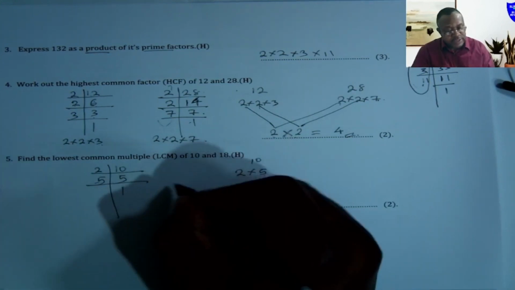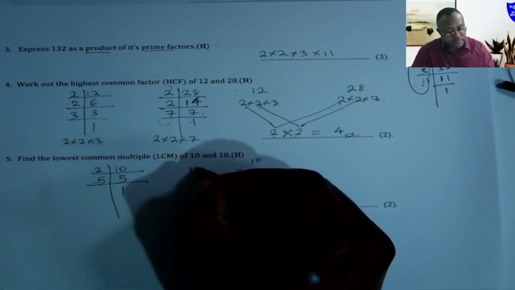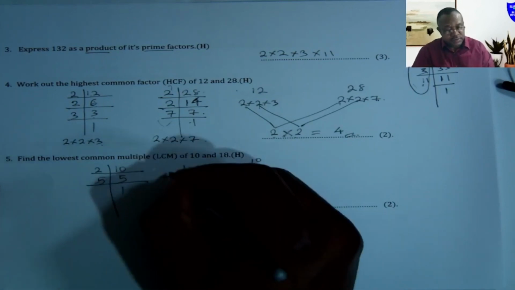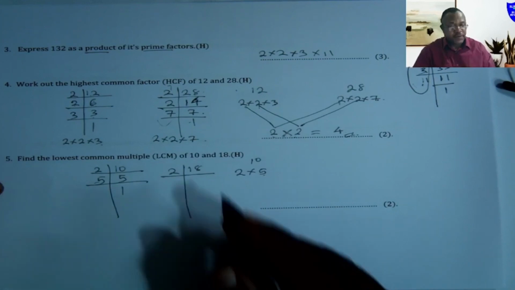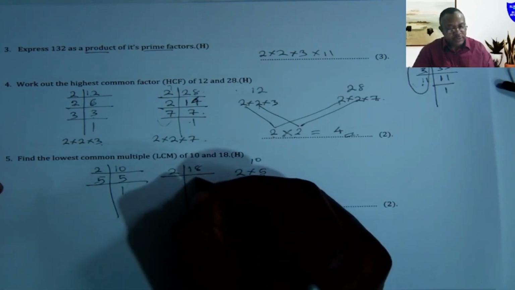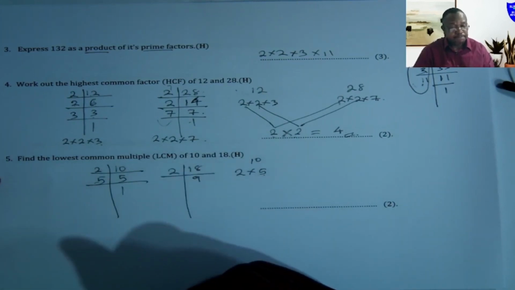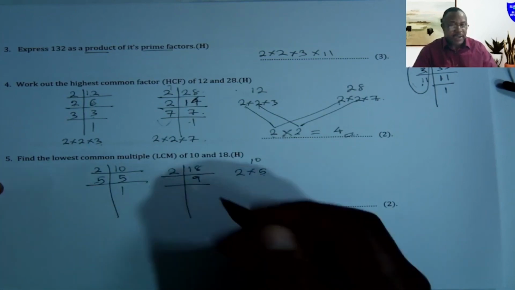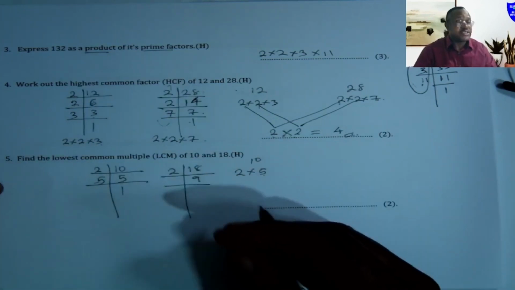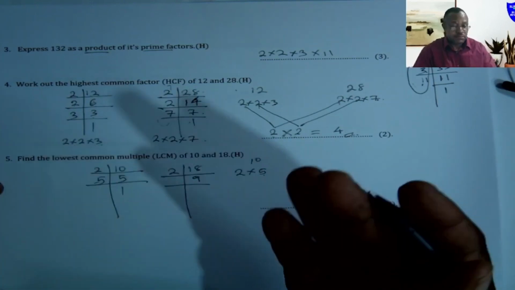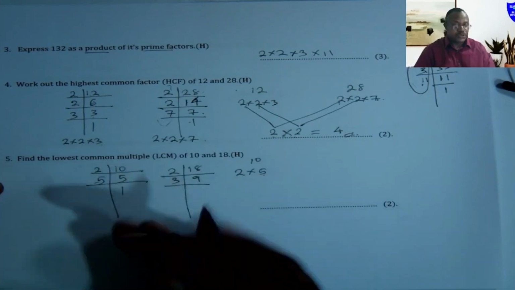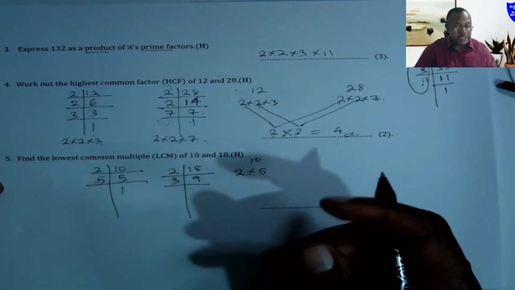Then we look at 18. We do the same as well. We start with the smallest prime number. Divide 18 by 2, we get what? 9. Right? And then what number can divide 9 exactly, which is a prime number? 2 can't. Definitely it is 3. So only 3 can divide 9 exactly.